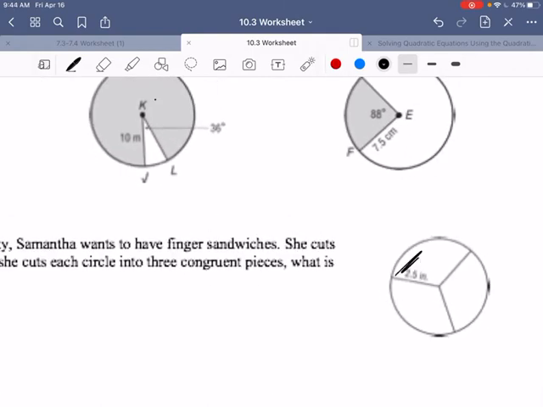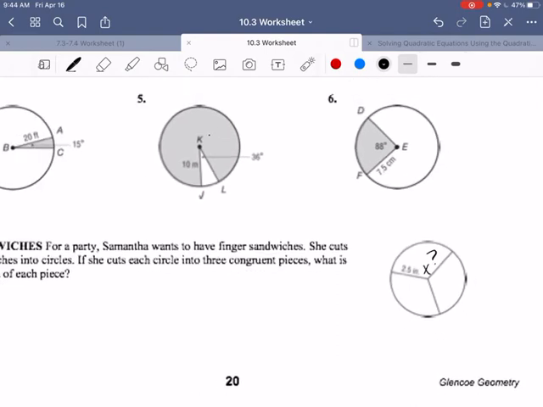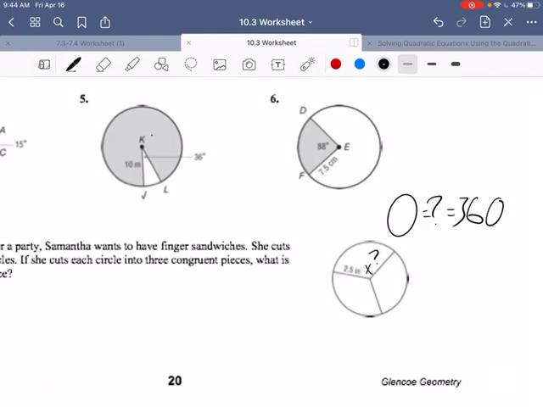Okay. Well, how much is an entire circle? An entire circle is always 360 degrees, right? Well, she said she cut it into 3 congruent pieces. Means they're exactly the same. So if you divide 360 by 3, we get 120.